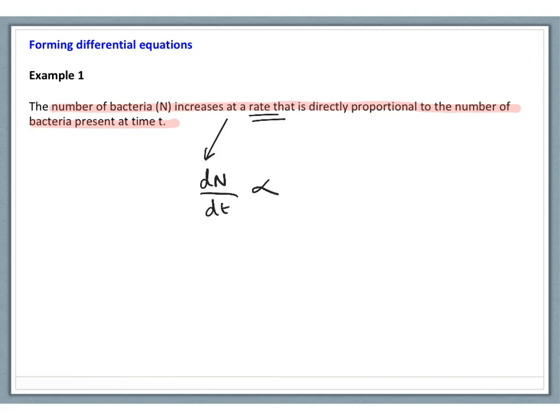Now it's directly proportional to the number of bacteria present, which means it's directly proportional to N. And we have a proportionality statement. Now, if we want to form our differential equation, we then need to replace it with dN by dt equals kN. And this k is some form of constant of proportionality, some sort of rate constant. You might be given information in a question which allows you to work out what k is.